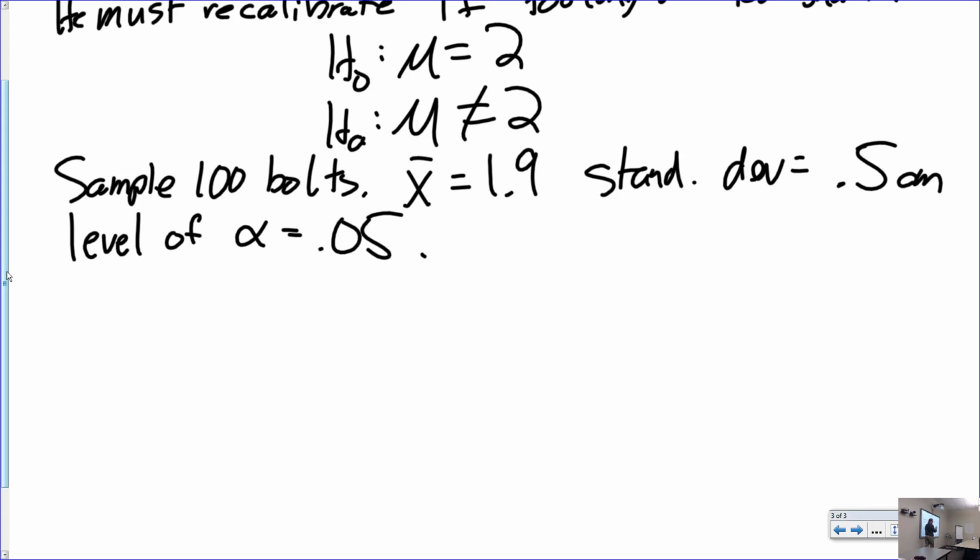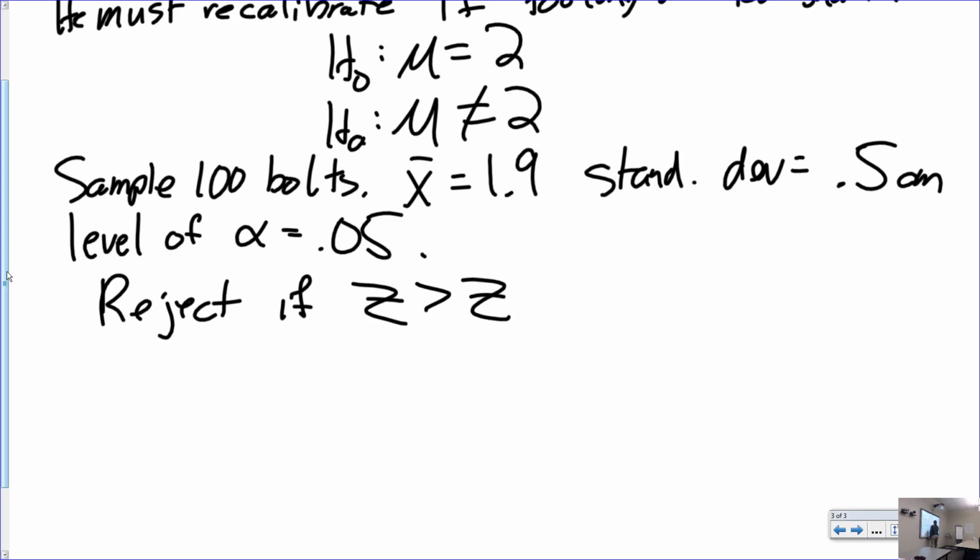So again, you can think of this in one of two ways. You can think of this as reject if Z is greater than our Z critical, or if P is less than alpha.